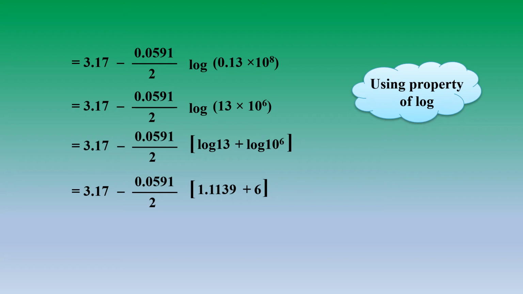All these things we have studied in your classes, right? 3.17 minus 0.0591 divided by 2 into 7.1139, right? That is equal to, simplify it, 2.96 volt. This is the cell potential for the given cell reaction.